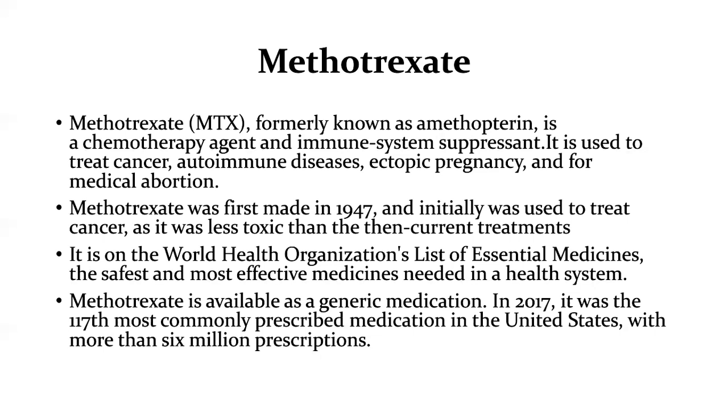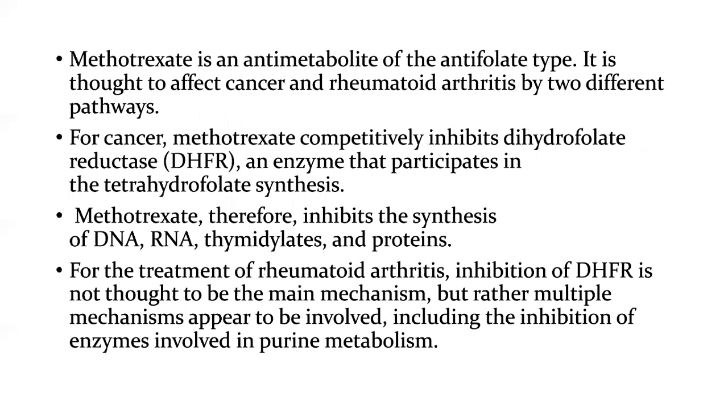In 2017, it was the 117th most commonly prescribed medication in the United States, with more than 6 million prescriptions. Methotrexate is an anti-metabolite of the antifolate type. It is thought to affect cancer and rheumatoid arthritis by two different pathways.